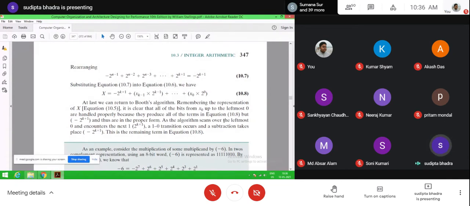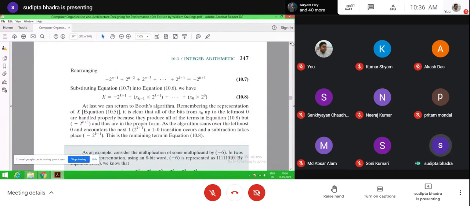As the algorithm scans over the leftmost 0, it encounters 1, then a 1 0 transition occurs, and a 1-0 transition means subtraction takes place. So here the minus 2 to the power k plus 1. So then there is 0, then 1.